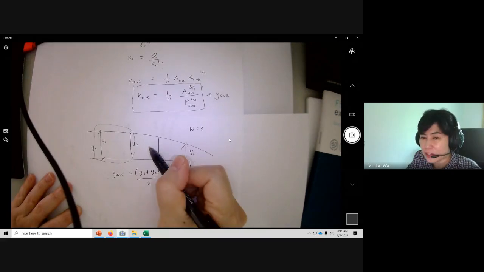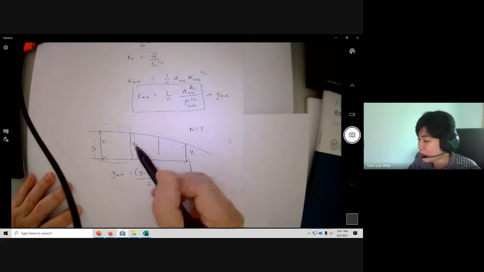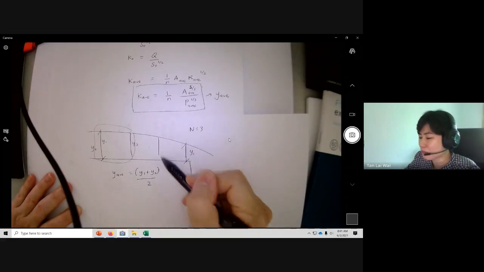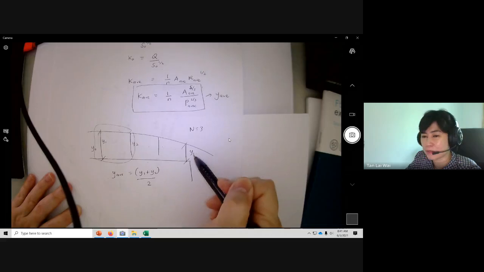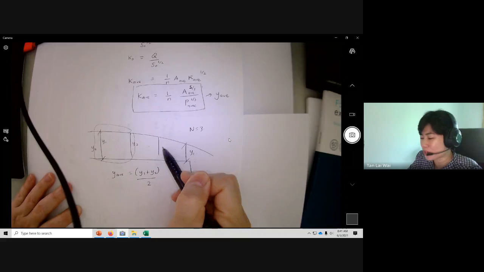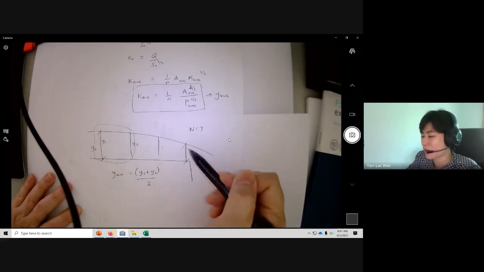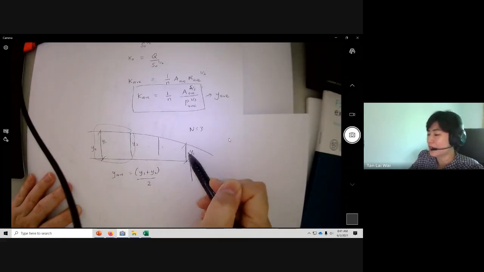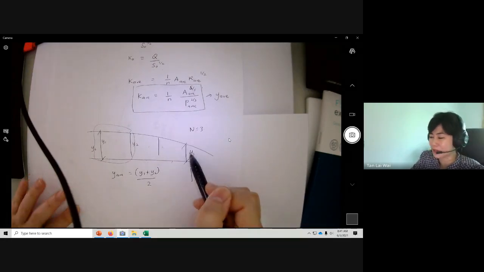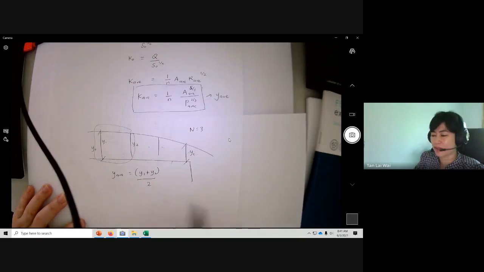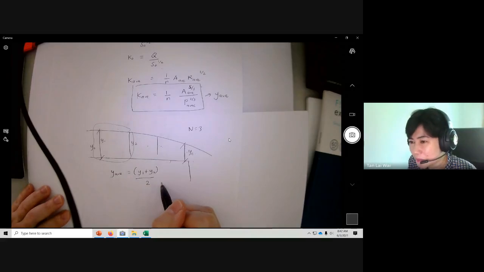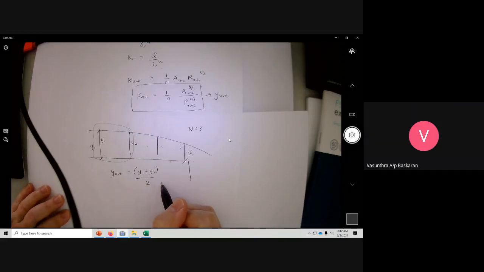My y average for this would be y2 plus y3 divided by 2. My y average for the last part would be y3 plus, it could be y4 or yc, divided by 2. That means half of this plus this, so that would give me y average. So far clear? Do you have any questions so far, guys? No, doctor. Okay.